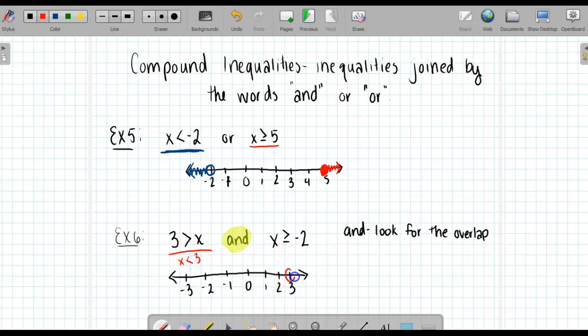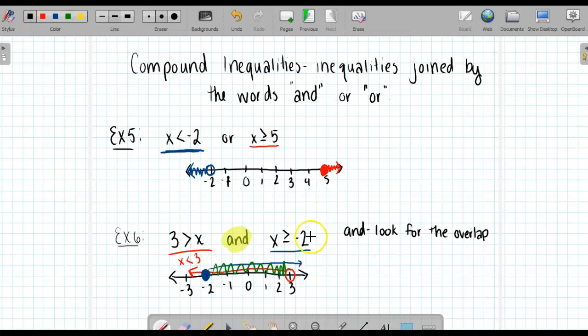So that's going to be an open circle on 3 and shaded to the left. Whenever I graph x is greater than or equal to negative 2, that's going to be a closed circle at negative 2. And then that's going to be shaded to the right. So with these graphs, I'm looking for where the graphs overlap, which is everywhere in between here.